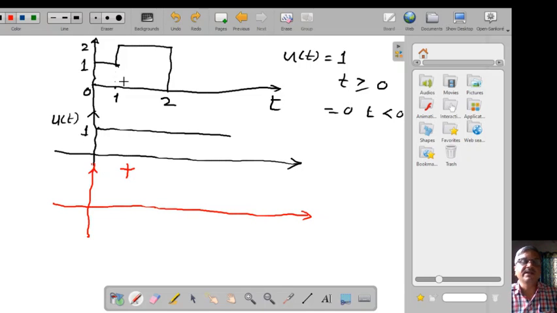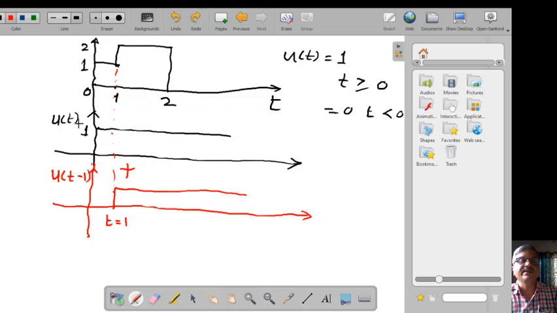At t equal to 1, if I take the projection of this here, then I have one more unit step like this, and I can define this signal as u of t minus 1 because it is delayed by one unit. I can rewrite this as u of t minus 1.